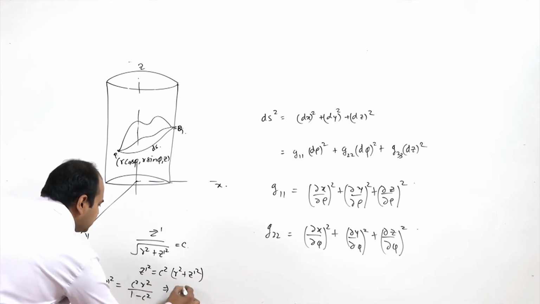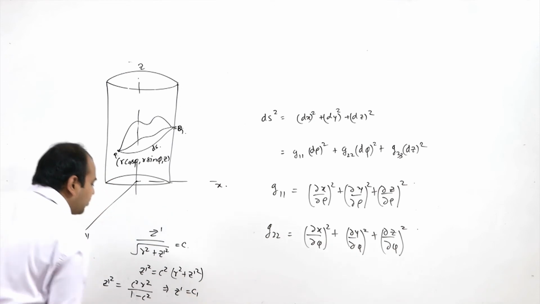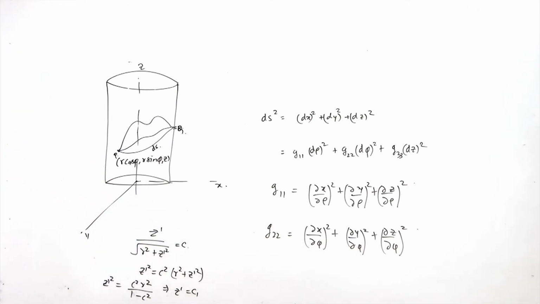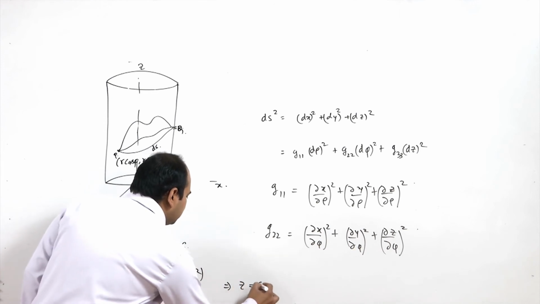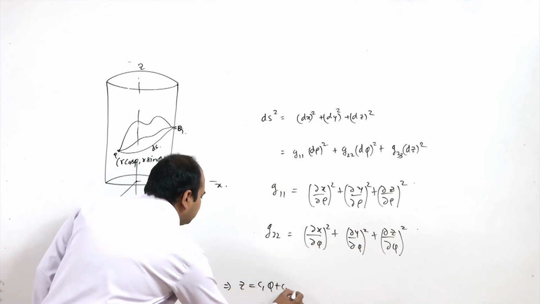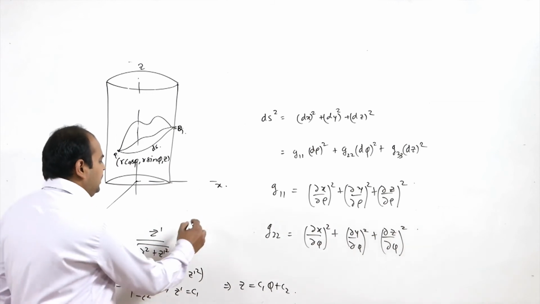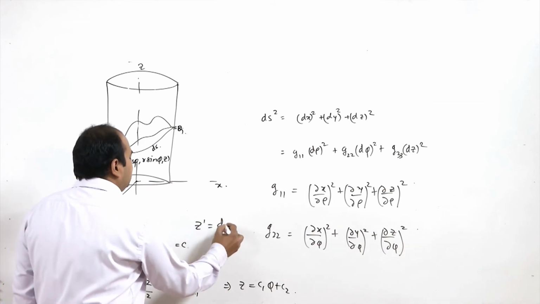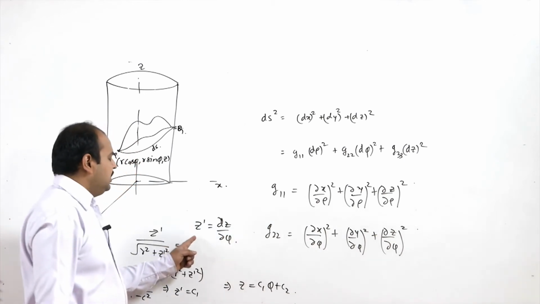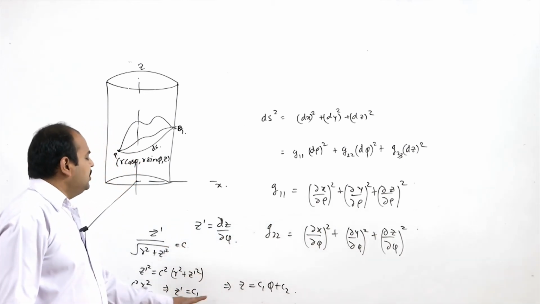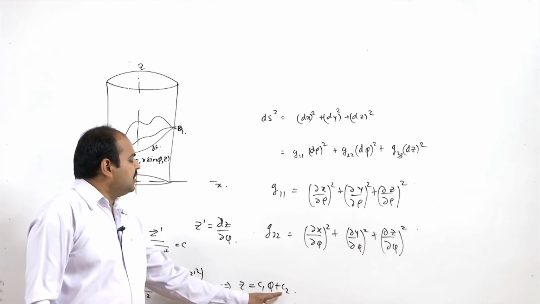So you can write z dash equal to some other constant, call it c1. When you solve this, it comes out to be z equal to c1 phi plus c2. Please remember this z dash here is nothing but dz by d phi. When you integrate z dash as c1, you get z equal to c1 phi plus c2.